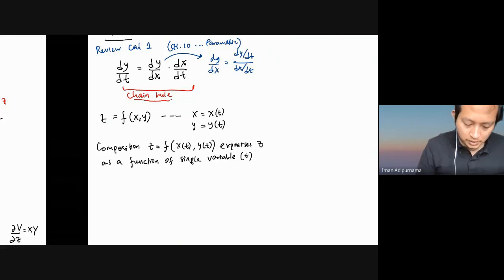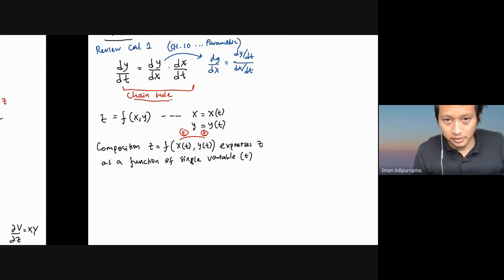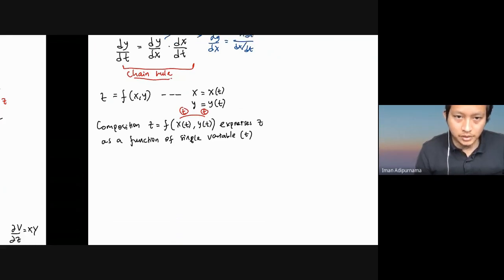This is t, this is also t. So x has variable t, y also has variable t. Because of that, z will be expressed in variable t.